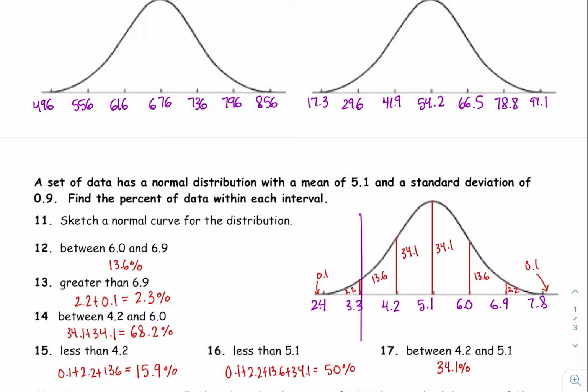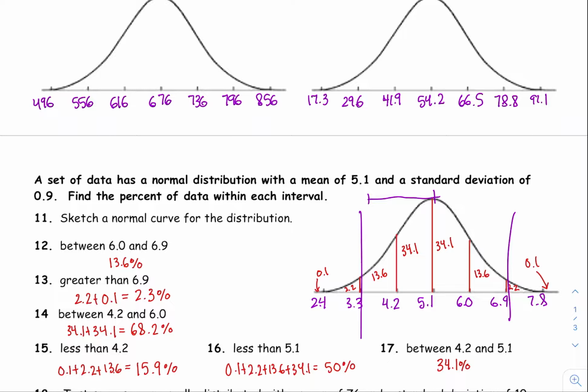If it's 2 standard deviations away, then it's 47.7%, which in total is 95.4%, right? And then if it's 3 standard deviations away, then it's 99.8%. And then if it's everything, it's 100%. So this is how you break it up each time.